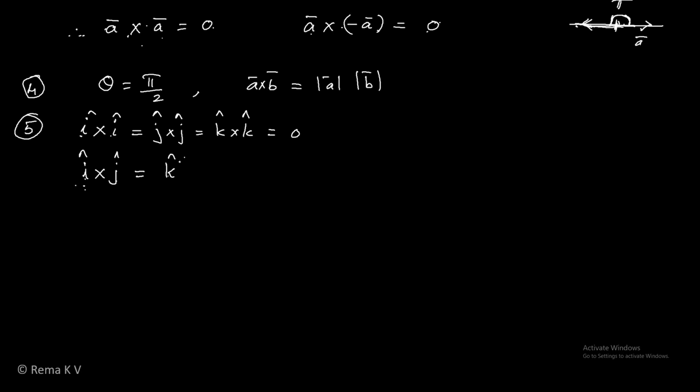So here K cap is a vector which is perpendicular to both I and J, and also you have to take this in anti-clockwise direction, that is I to J, then J to K, K to I. The cyclic relation you have to consider: I cross J gives K, J cross K gives I, then K cross I is equal to J.